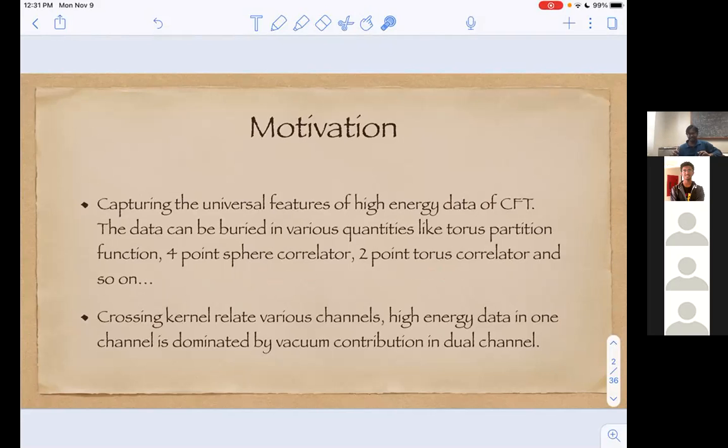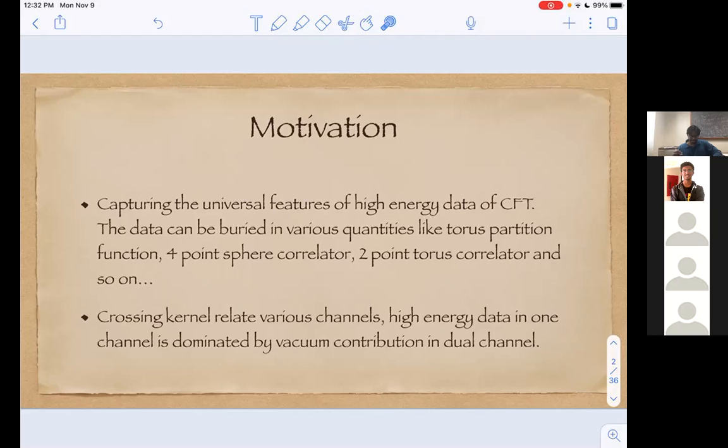By tuning this parameter to its appropriate limit, we can extract the high energy data of CFTs. And by high energy data, I mean density of states at high energy, or the behavior of OPE coefficients for heavy-light-heavy or heavy-light-heavy prime, this kind of OPE coefficients in the high energy limit.